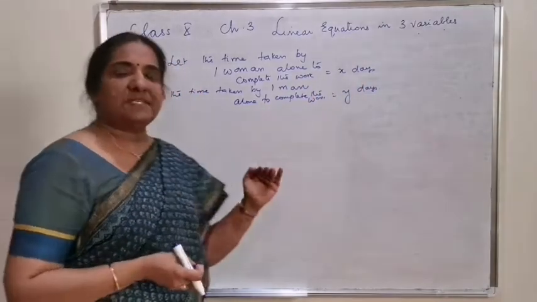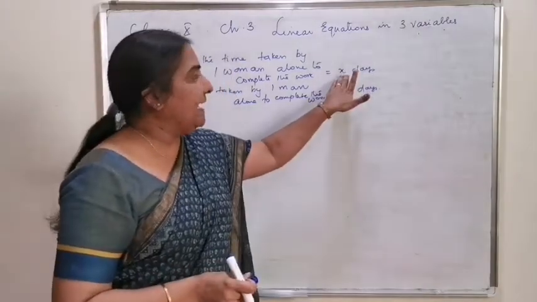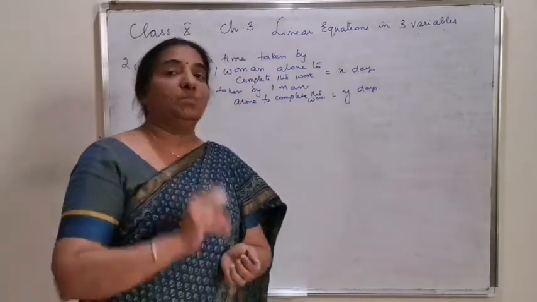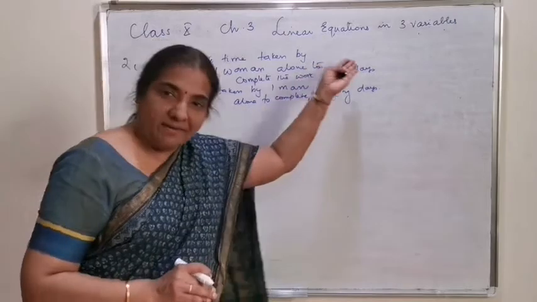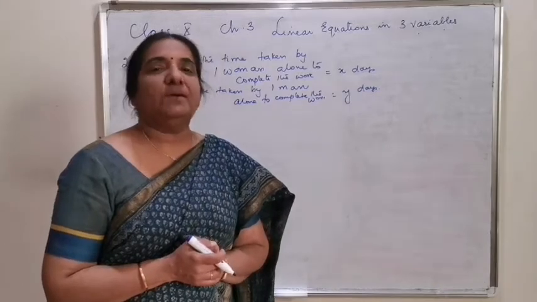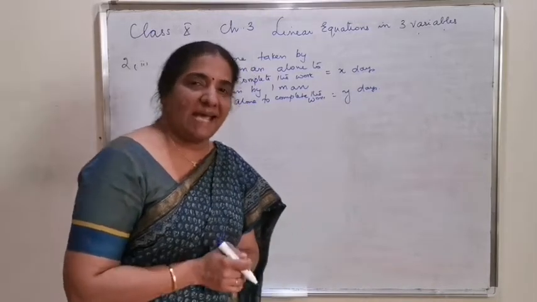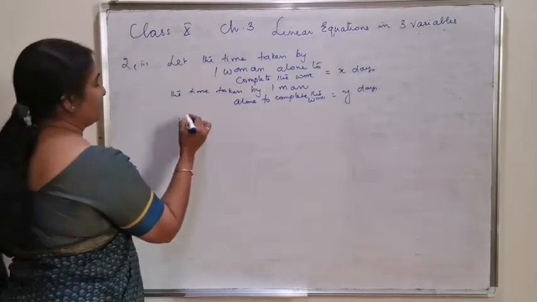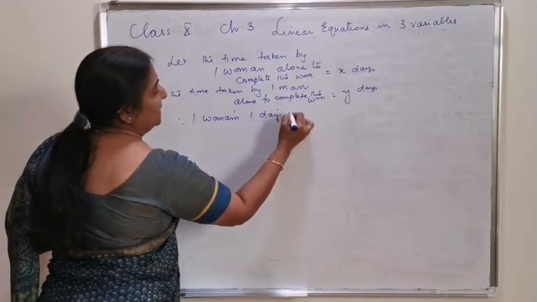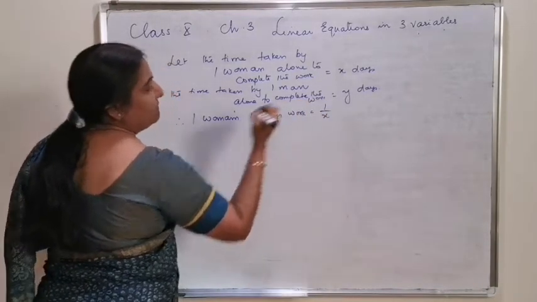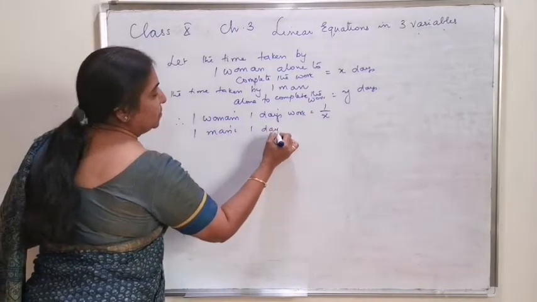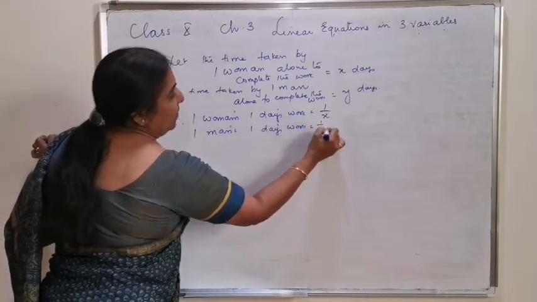That is, the same statement we can twist as, in x days 1 woman completes 1 work, or in 1 day the woman completes 1 by x of the work. So we write the statement as, therefore 1 woman's 1 day's work will be 1 by x, and 1 man's 1 day's work will be 1 by y.